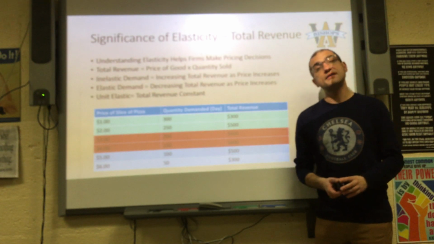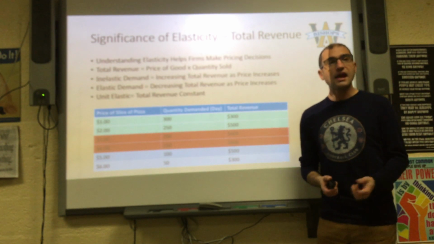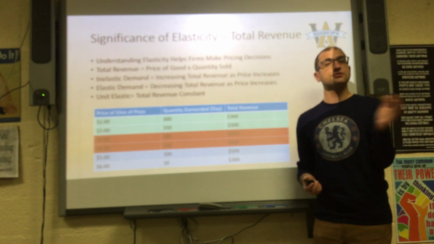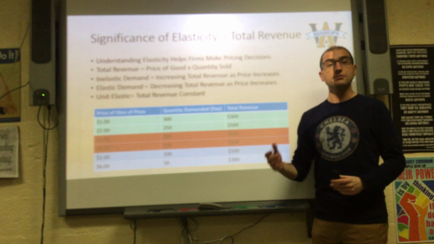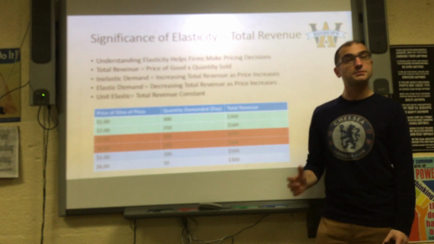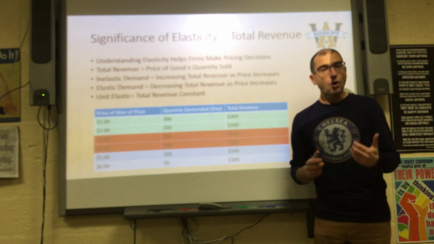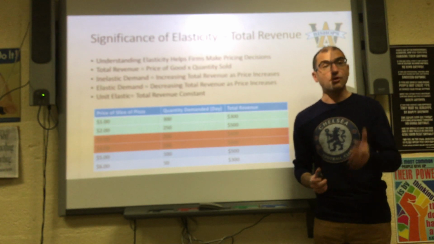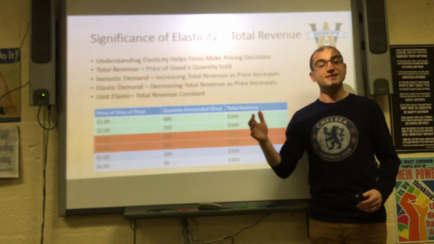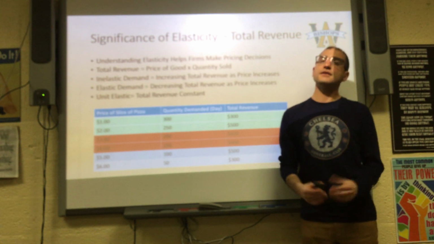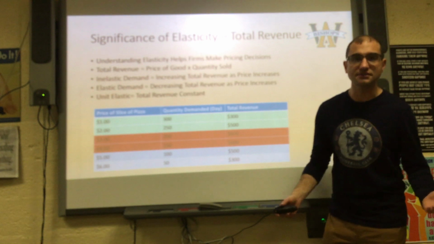Another way to state that is as I go from one price to another, as price increases, if my marginal revenue, the difference between the two revenues, is positive, I've got inelastic demand. Or as I increase my price, if my marginal revenue is negative, I've got elastic demand. And if there's no change, then I've got unit elasticity.